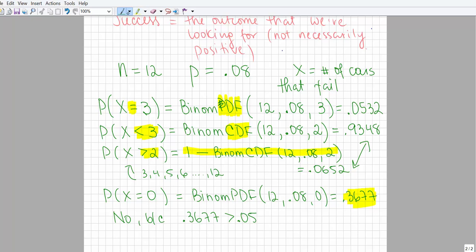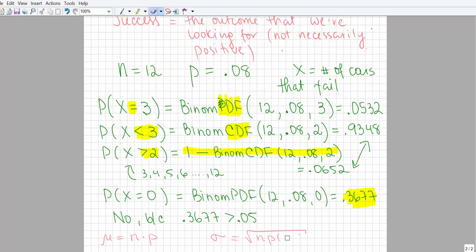The only other thing that we need to remember is you might be asked to find the mean and the standard deviation of the binomial variable. So the mean would be computed by n times p, and then the standard deviation is computed by the square root of n times p times 1 minus p.